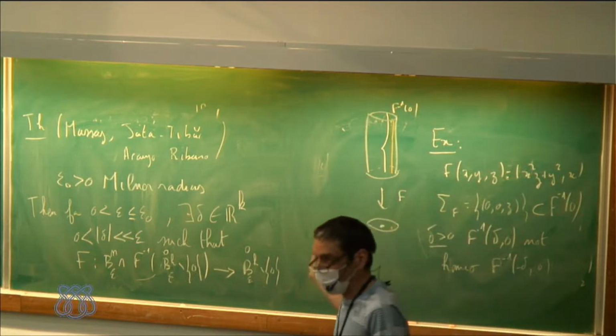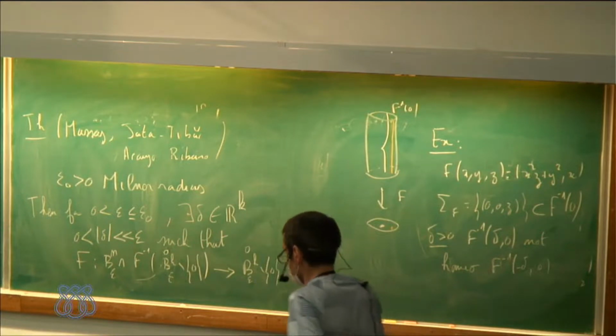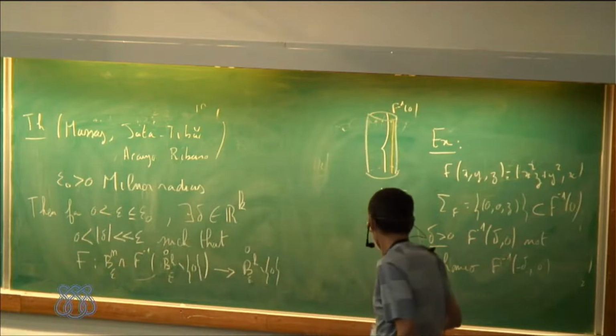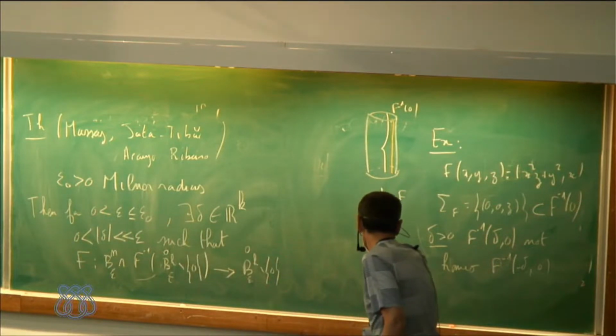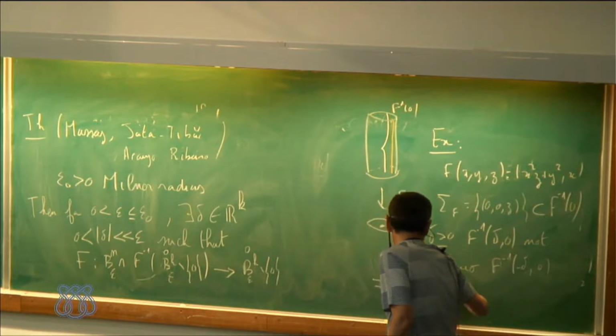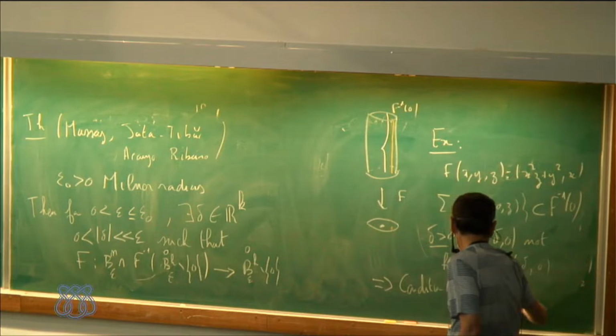So you don't have a fibration. It means that condition B is not satisfied.